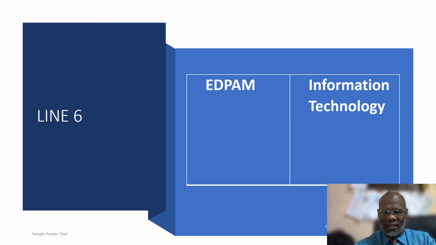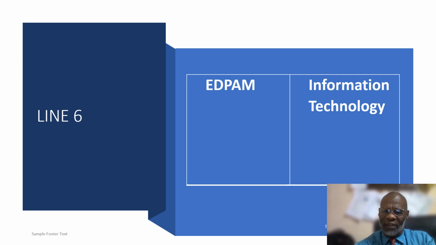In line 6, now notice that there are only two subjects in line 6. Now, since there are only two subjects in line 6, it is obvious that all students must do either EDPM or information technology. Right? So these two subjects you're doing one or the other.